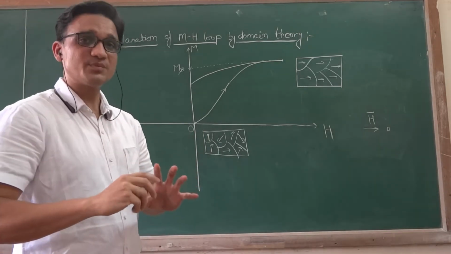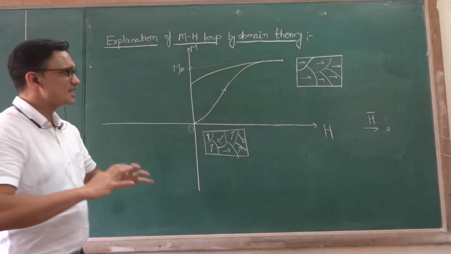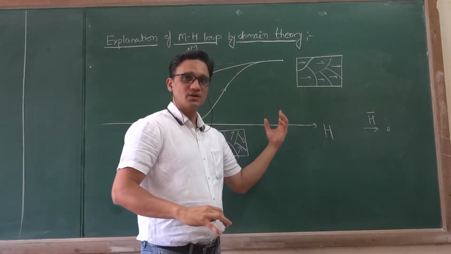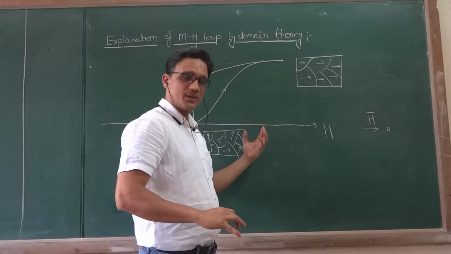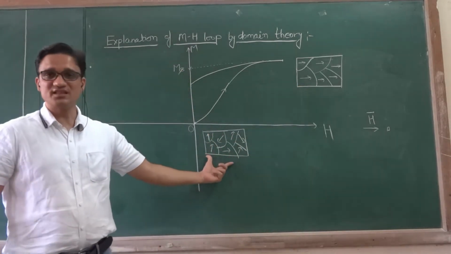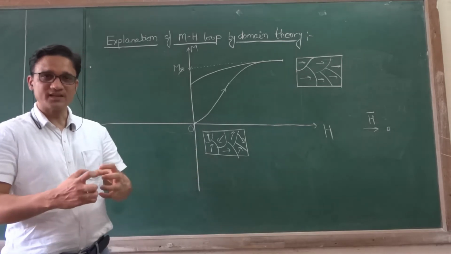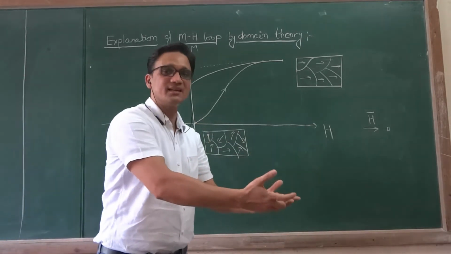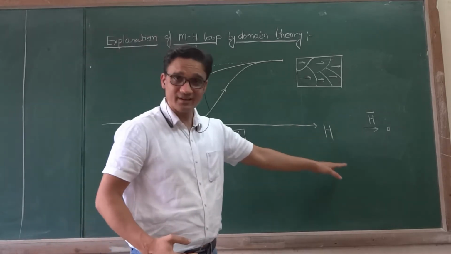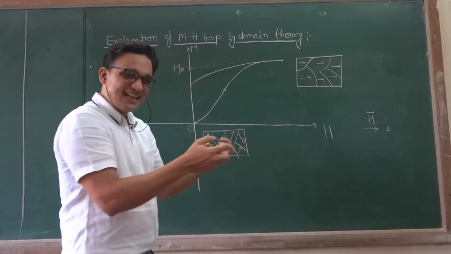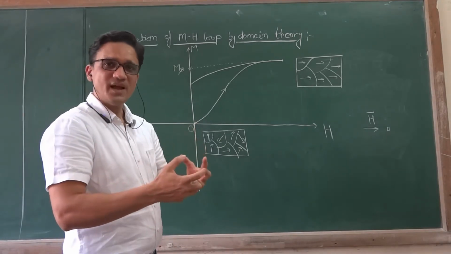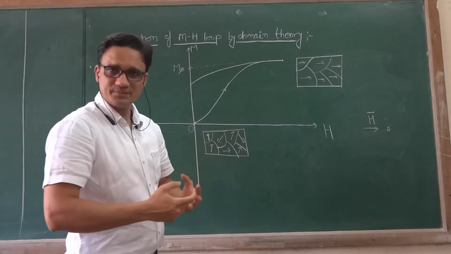So this process is basically irreversible. When you remove the external magnetic field stepwise, slowly, all these domains do not come back to the original state. Some of the magnetic domains are still aligned in the direction of the external magnetic field which you applied earlier.